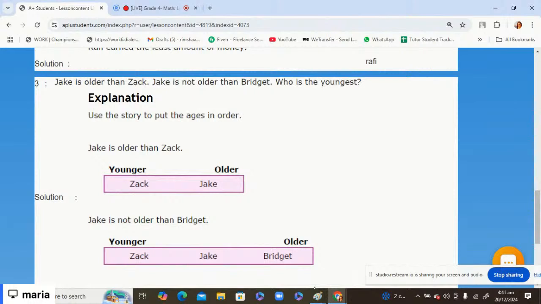So Jack is in the middle, Zach is the youngest, and Bridget is the oldest. So who is the youngest? The youngest is obviously Zach, because Jack is older than Zach, and Jack is not older than Bridget. So Bridget is the oldest, Zach is the youngest, and Jack is in the middle.